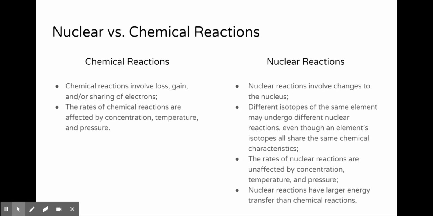Different isotopes of the same element may undergo different nuclear reactions, even though the element's isotopes all share the same chemical characteristics. So radioactive lead is going to look just like stable lead. The rates of nuclear reactions are unaffected by concentration, temperature, and pressure, and nuclear reactions have larger energy transfer than chemical reactions.